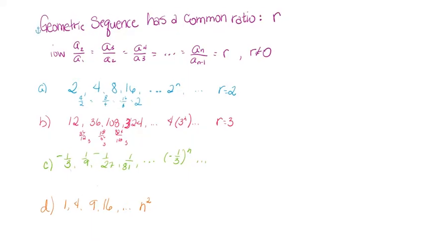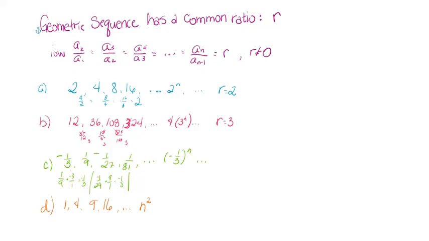Now, let's look at the green one. Let's see if it's geometric. So I take 1/9 and I divide it by negative 1/3, which is the same thing as multiplying by negative 3/1, which gives me a negative 1/3. And then if I take negative 1/27 and I divide it by 1/9, which is the same thing as multiplying it by 9/1, I also get a negative 1/3.